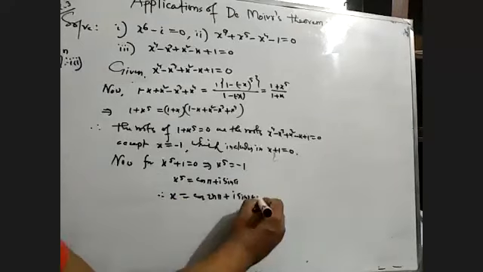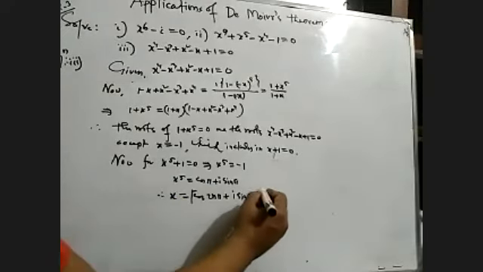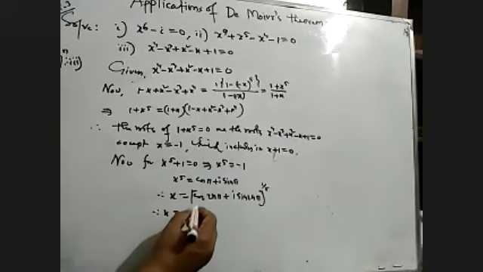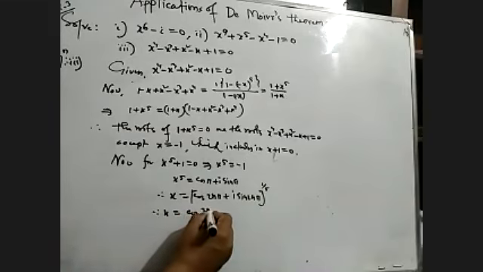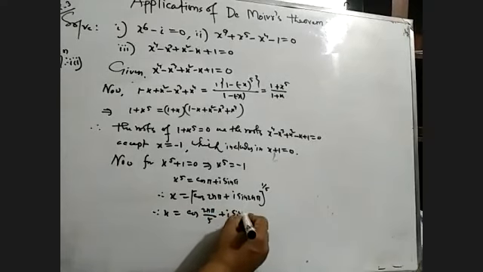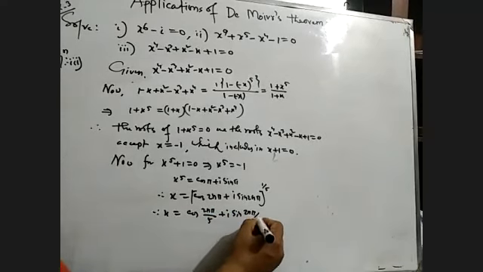Therefore, x equals, twice n pi, taking fifth roots on both sides. Therefore, x equals cos twice n pi by 5 plus i sin twice n pi by 5.